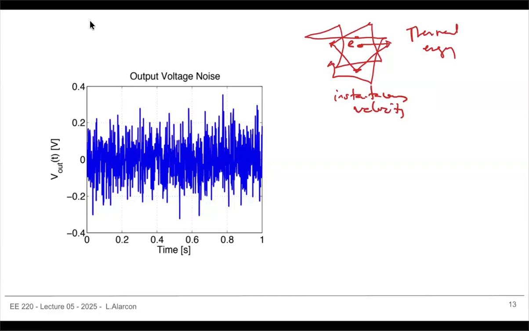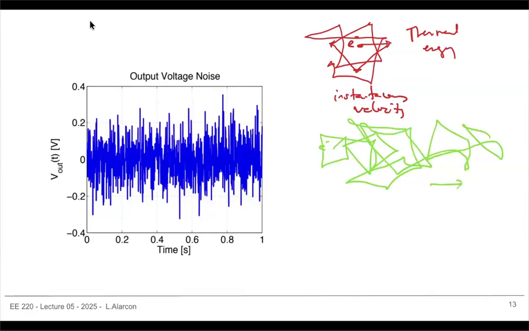Right? And this is true even if you apply a voltage or an electric field, right? So when you apply an electric field, your electron is still moving randomly, but now it's moving at an average velocity, or some group velocity, in the opposite direction of the electric field. Right?